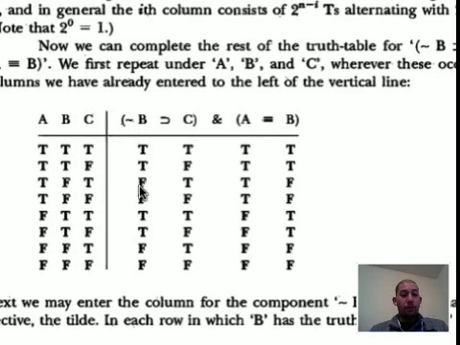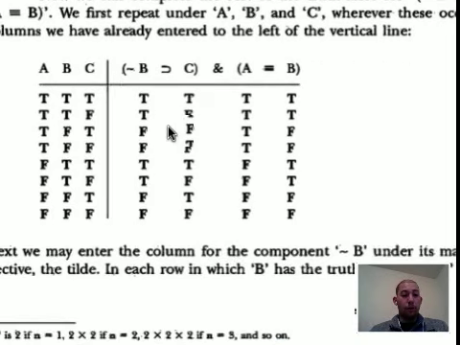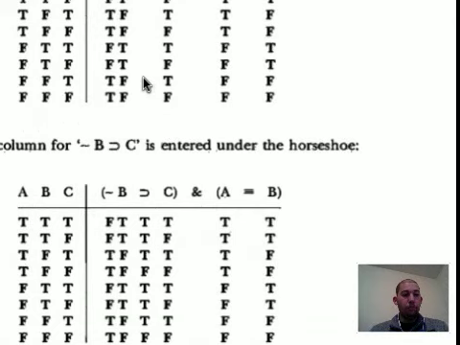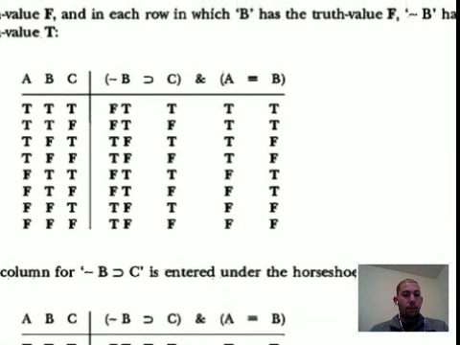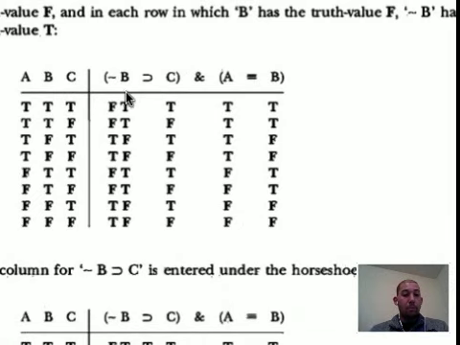And when B is false, then under this assignment, not B will be true. So we'll flip the truth values for this. And so this is the result. Here we have B is true, and negation ends up flipping the truth value of that.